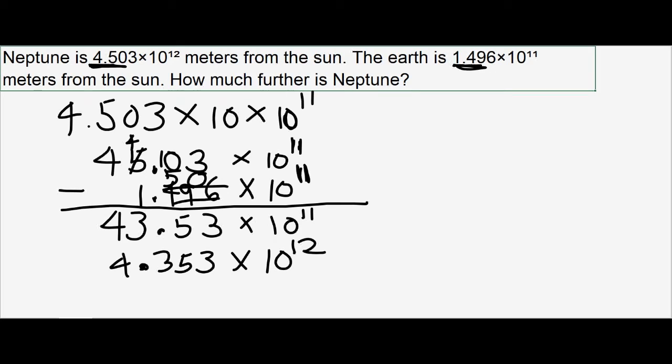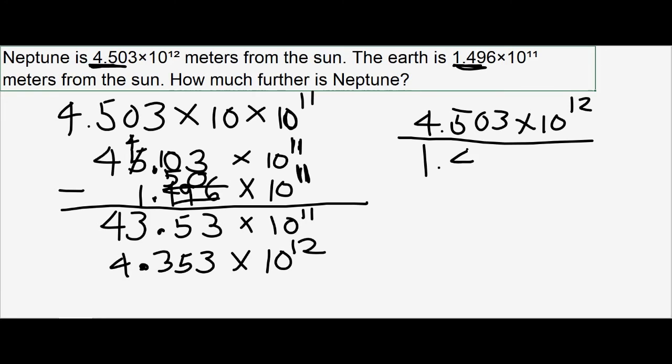So we actually can take 4.503 times 10 to the 12th divided by 1.496 times 10 to the 11th.